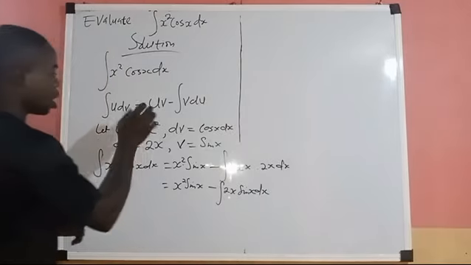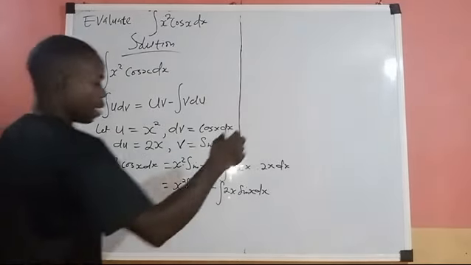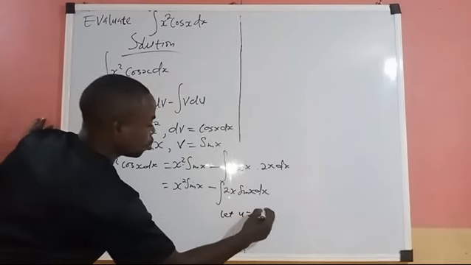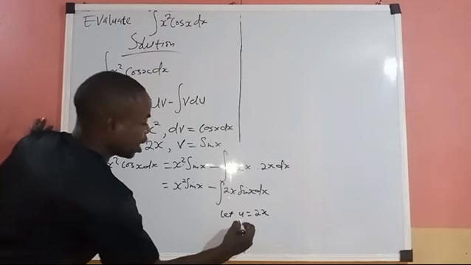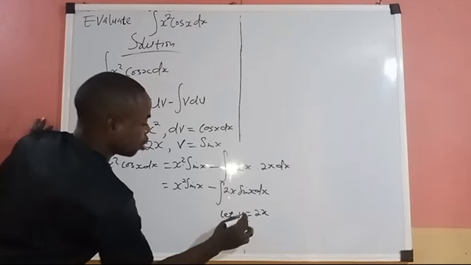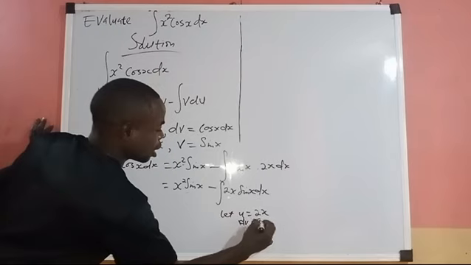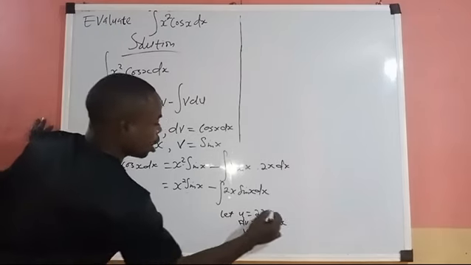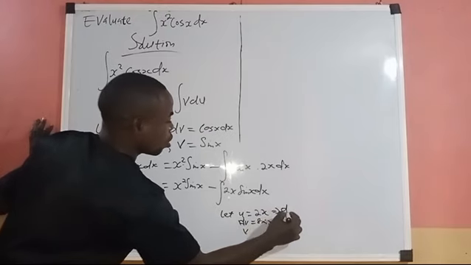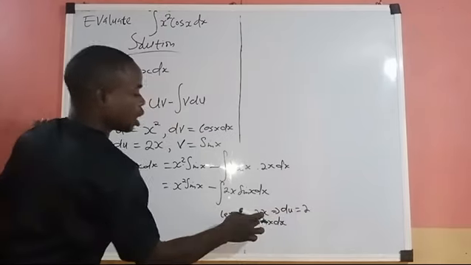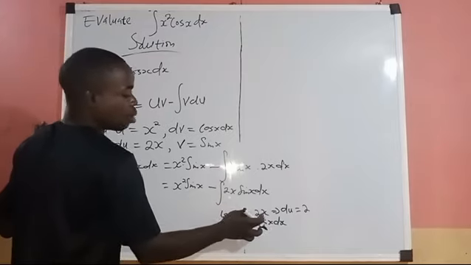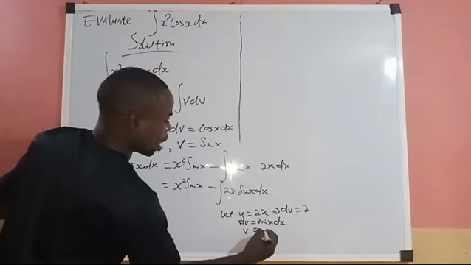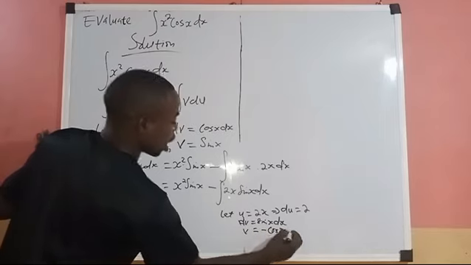If we do the same thing we did right here, we let u be equal to 2x and dv be equal to sine x dx. This implies that du will be equal to 2, since if you differentiate 2x you have 2, and if you integrate dv you get v equal to minus cos x.